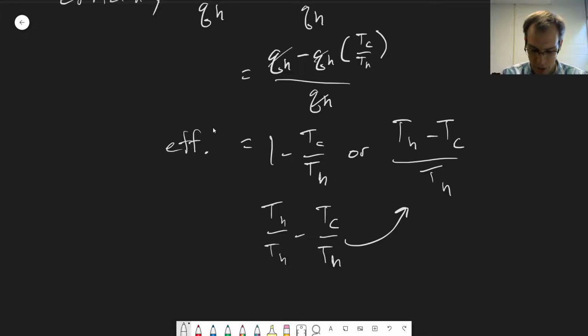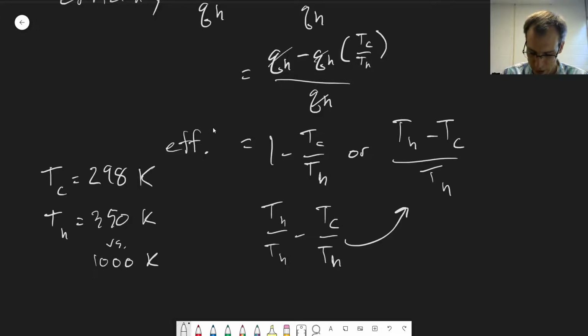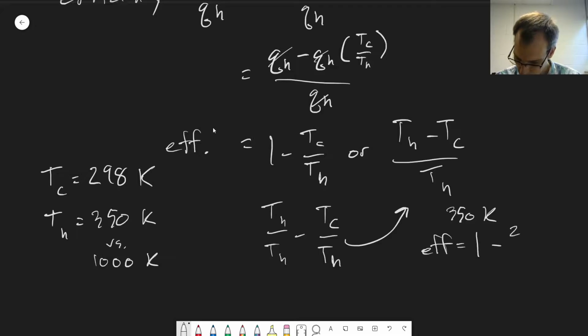So just as an example, say we have TC is room temperature, 298 Kelvin. We can compare two different values of TH. Say TH is like 350 Kelvin versus maybe like 1,000 Kelvin. And what's the difference in our efficiency in those cases? Okay, so for 350 Kelvin, we get that the efficiency is equal to 1 minus 298 over 350.